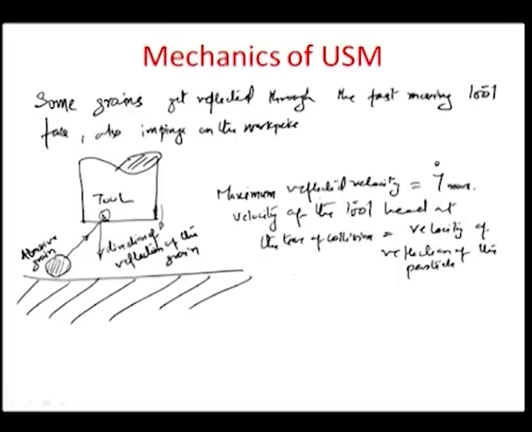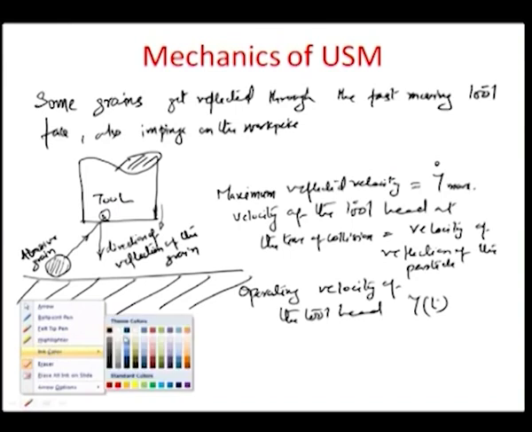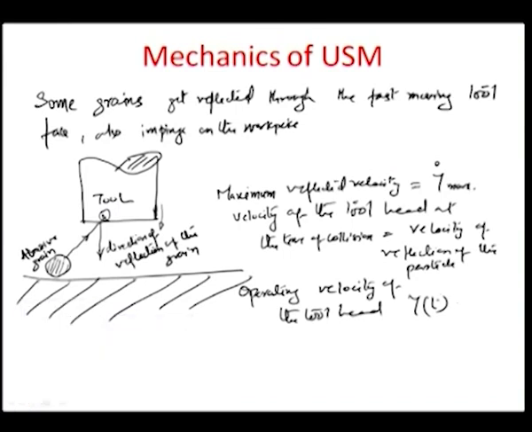So, let us find out first the operating velocity of the tool head as a function of time. So, y of t, as you know, because it is a sort of simple harmonic motion imparted by the tool, so y of t can be written in form of an equation as the amplitude of motion a times sine 2 pi nu t.